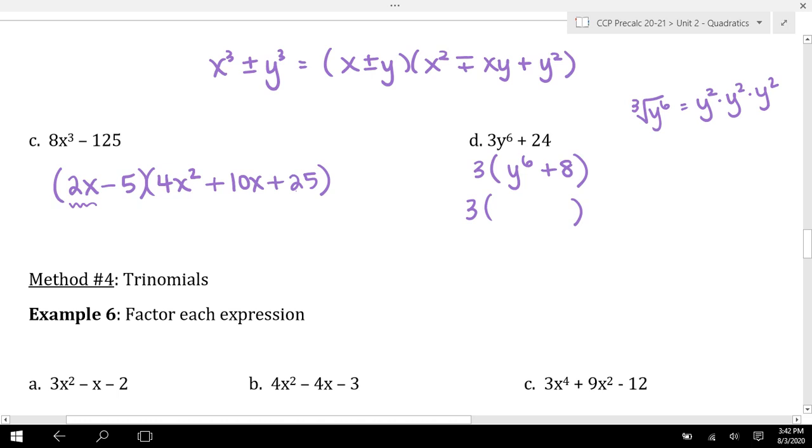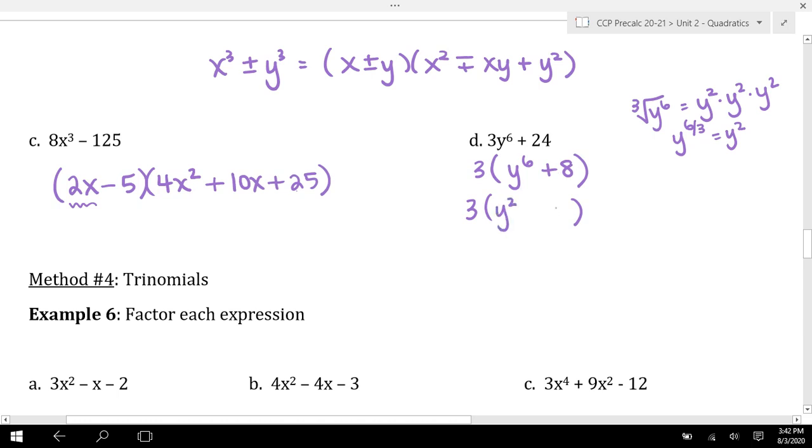If also you remember how exponents and radicals relate to each other, the cube root of y to the 6th can also be written as y to the 6 thirds. It's the exponent over the radical, which is called the index. And y to the 6/3 is the same as y squared. So we can see that y squared there. Okay, so either way, the cube root of y to the 6th is y squared. That's going to be my first term.